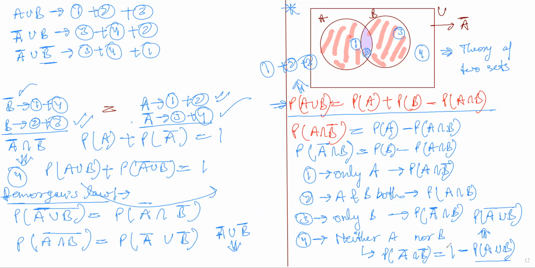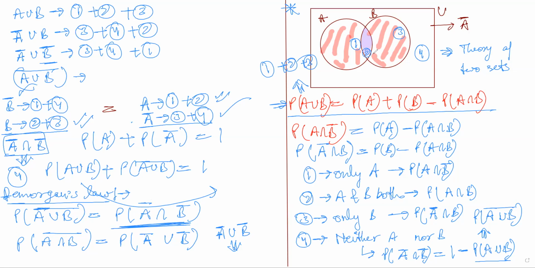Now you can also compare these formulae, right? This is probability of A complement intersection B complement, basically the fourth one. Now, if you talk about A union B whole complement, first you have to find A union B, and then you will not take that portion.